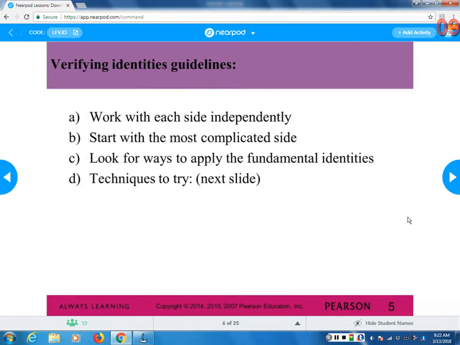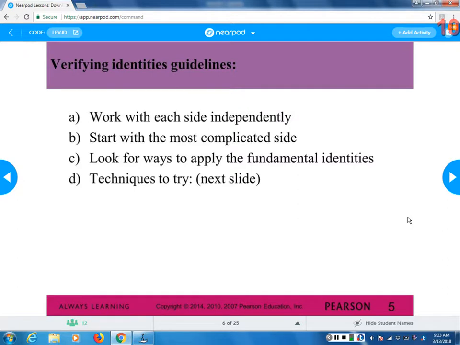That's what it says on your notes. We're going to start with the most complicated side and look for ways to apply the fundamental identities that we just reviewed. And these are our techniques we can try.